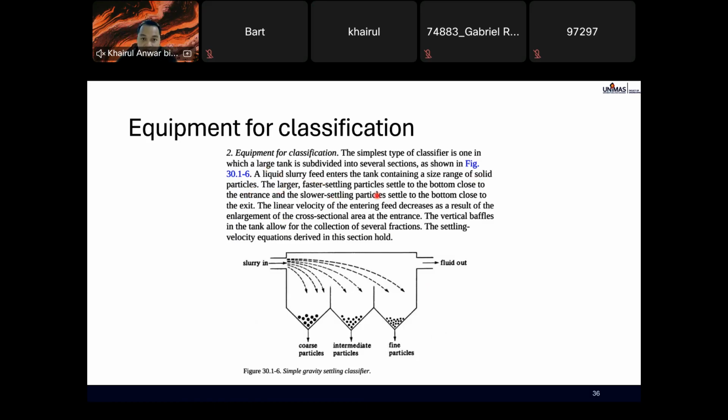The larger, faster settling particles settle into the section close to the entrance here. So the finer particles can travel longer and settle at the end of the classifier.